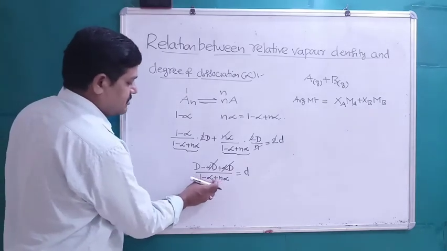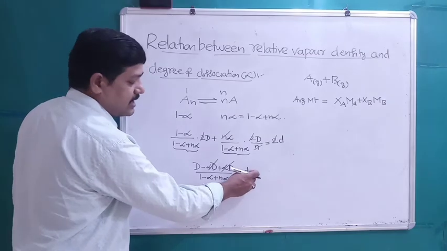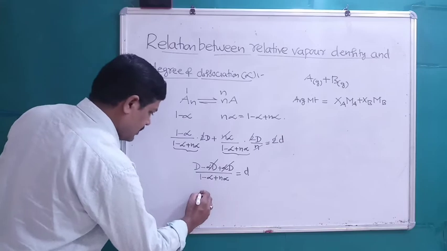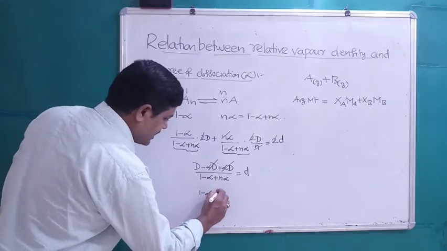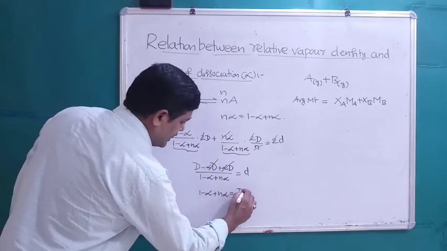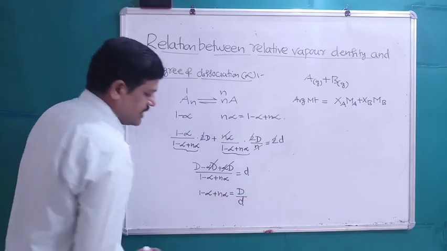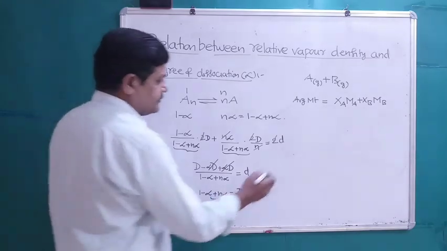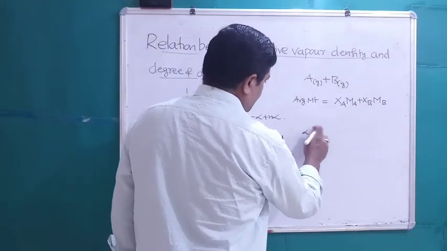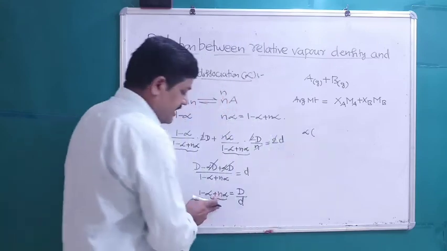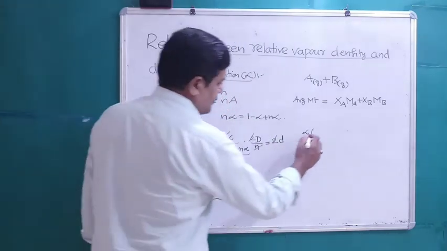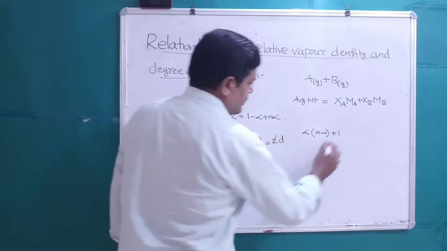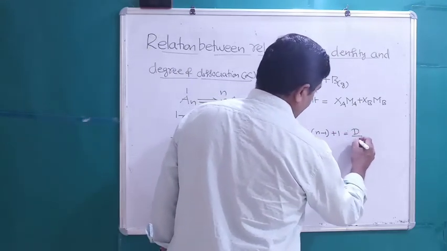We need the expression for alpha, the degree of dissociation. So let us transfer this total term to the right hand side, and d to the other side of the equation. I am writing first this term: 1 minus alpha plus n alpha is equal to D divided by small d, we will get, right? From these two terms I will take alpha as common. When we take alpha as common, the remaining terms are n minus 1, plus 1 as it is, which is equal to D by d, right?